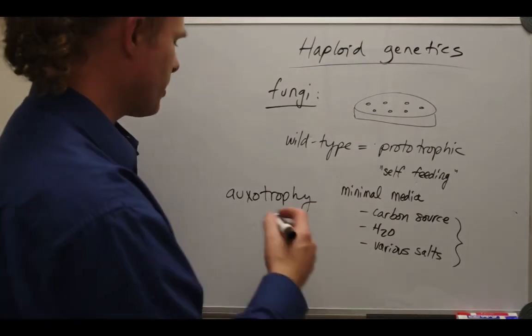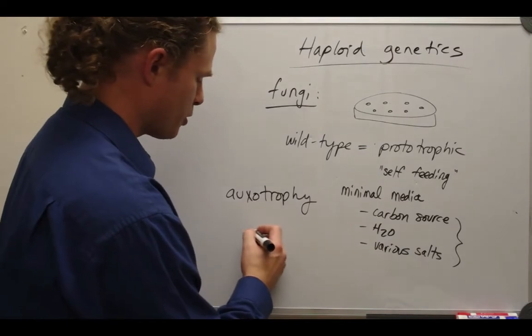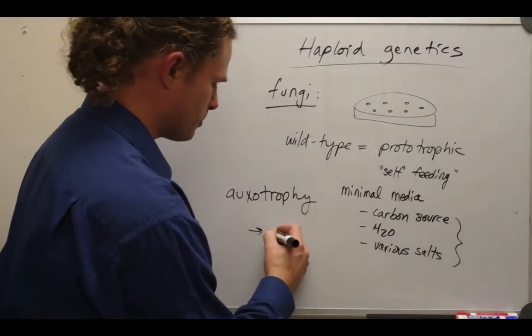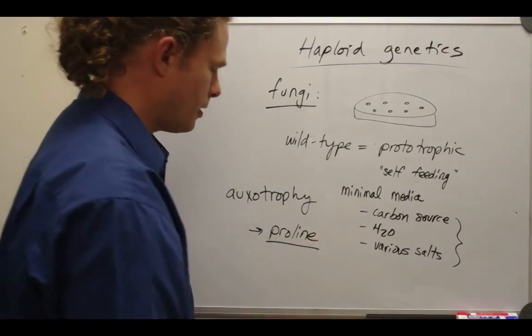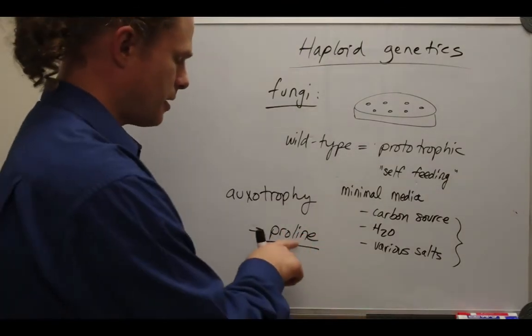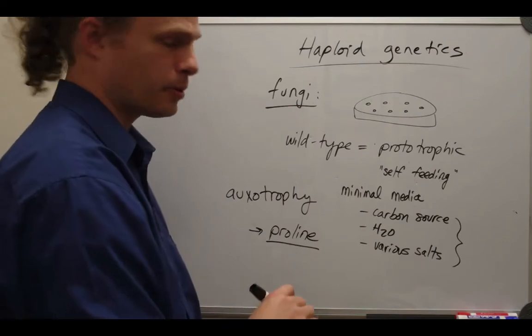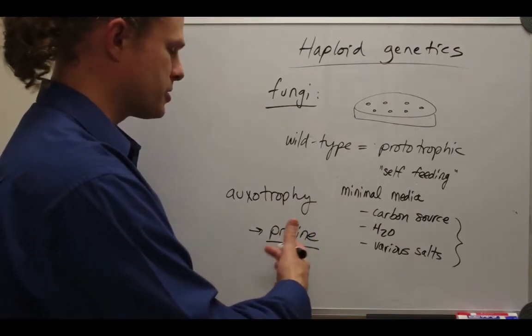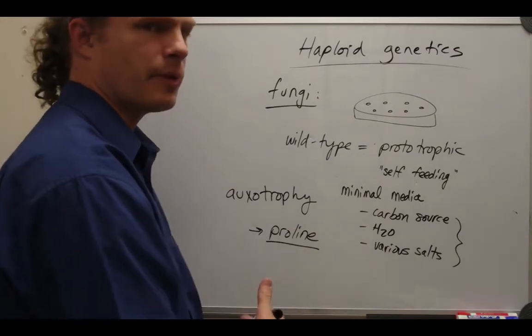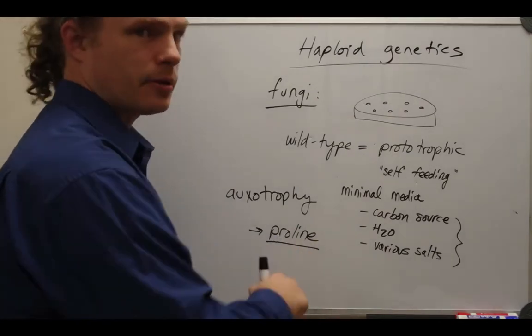Say, for example, we might find mutants that are auxotrophic for the amino acid proline. An auxotrophic fungus that cannot make its own proline is likely defective in some enzyme or some other biochemical mechanism for producing this amino acid.